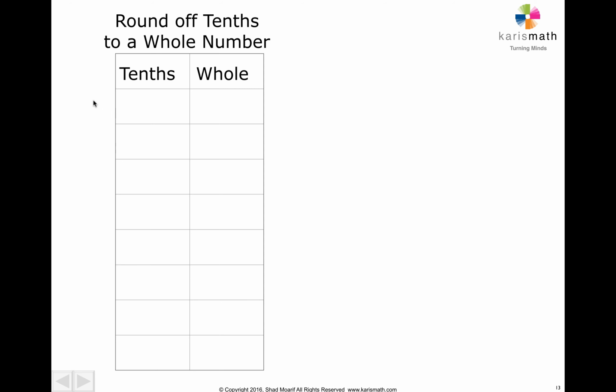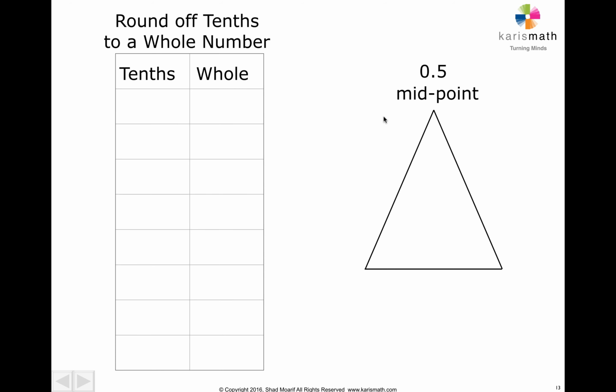Here's an exercise. You give me the answer to these, okay? This is the midpoint, 0.5. Before that is 0, and after that is 1 or more than 1, okay? Whole numbers. So if we have 8.2, imagine 0.2, will 0.2 be on this side or on this side? It'll be on this side. So that means it'll roll towards 8.